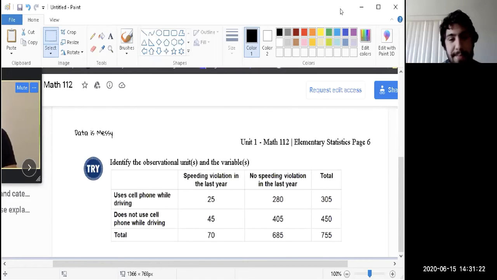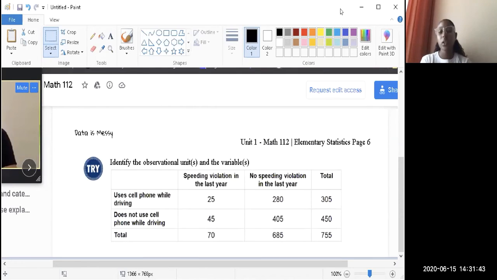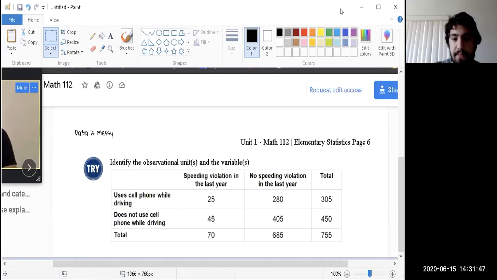Yeah. Nice job. What about the variables? Speeding violation. Yes. And then the last one, there's one more. The cell phones, like using cell phones. Yeah, using cell phones or not using cell phones.